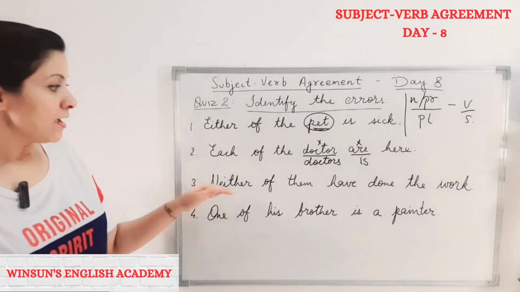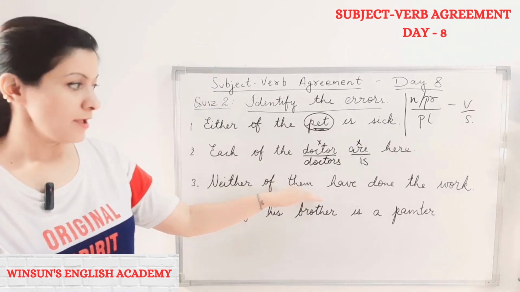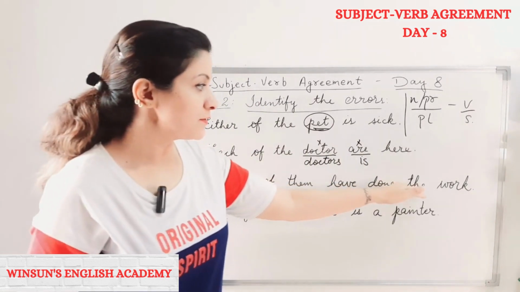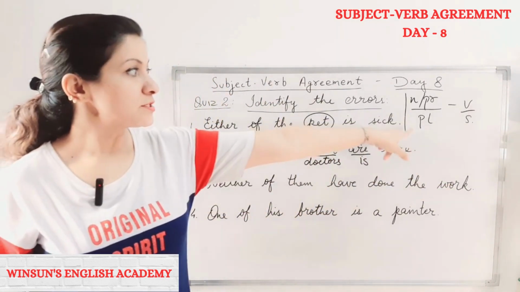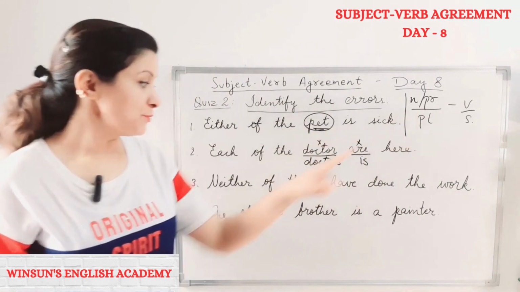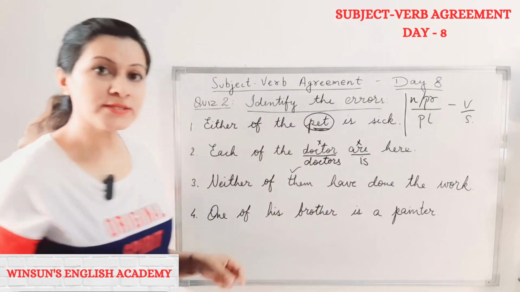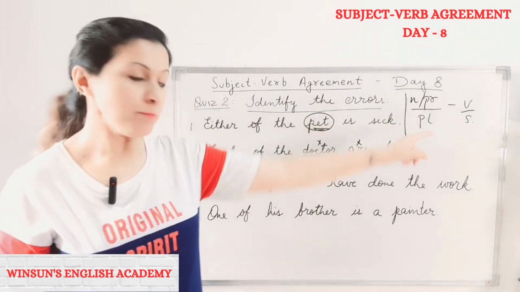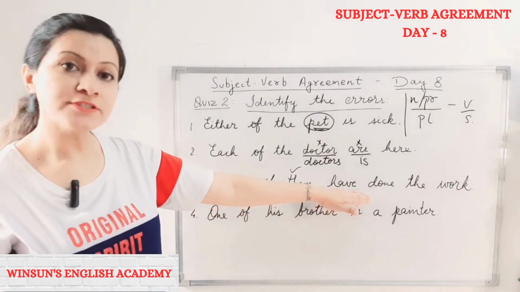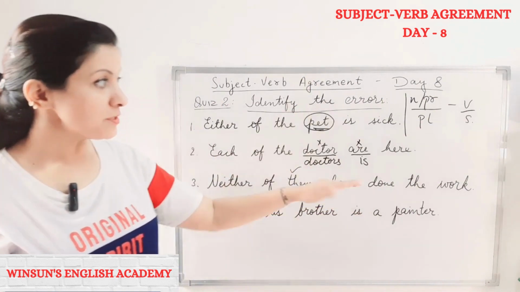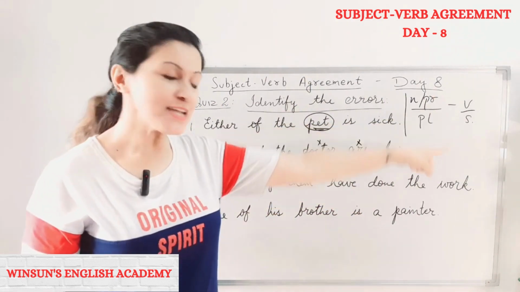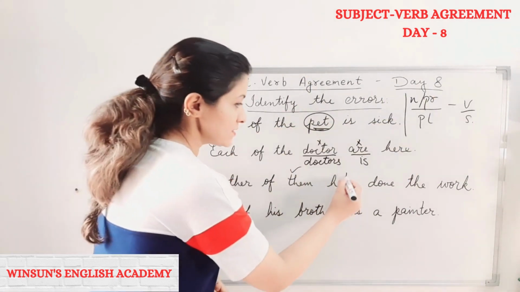Third one. Neither of them have done the work. First, the noun or pronoun must be plural. Them, plural? Correct. So this is right. And where's the error? Let's move on to the verb part. Have. Have is plural. Whereas as per this rule, it has to be singular. So this is the error.